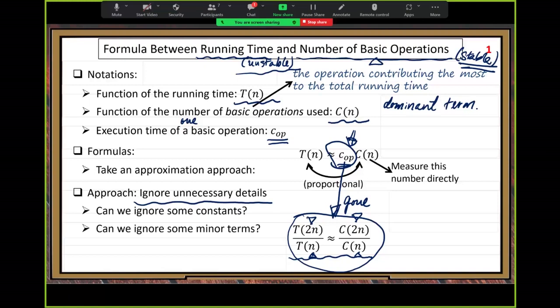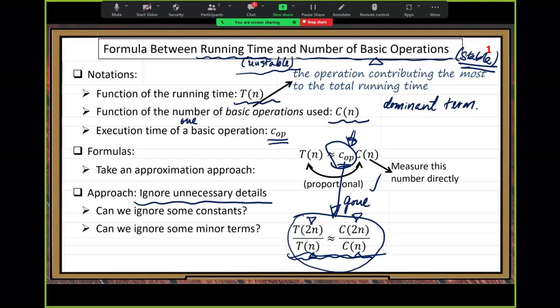But the good thing is that this constant is gone. So that means no matter what value this constant takes, these two ratios are the same. This formula does not rely on that little constant.